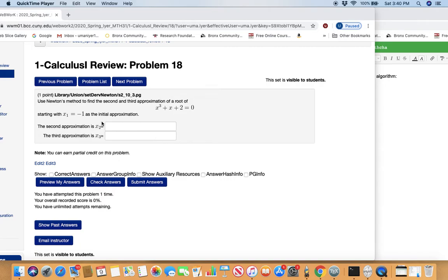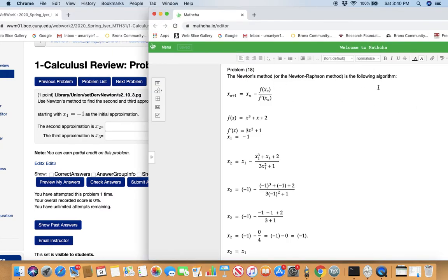But this is just an example of how to use our formula, the Newton-Raphson method. Whatever your initial approximation is, you're going to use that in the Newton-Raphson formula, or the algorithm or the method. x(n+1) is xn minus f(xn) over f prime(xn).